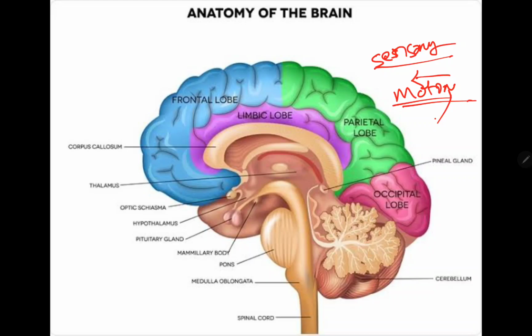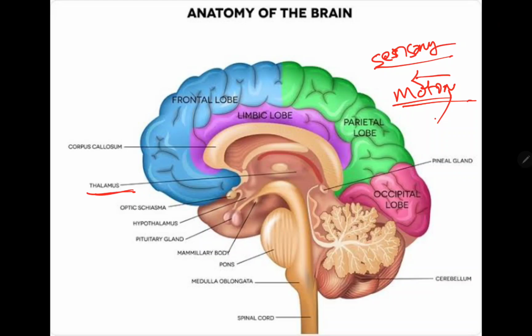Some signals are transmitted from your brain to your body organs like hands, legs and others; those are done by motor nerves, so that information is called motor information. So your thalamus is responsible for transmitting motor information for movement and coordination.